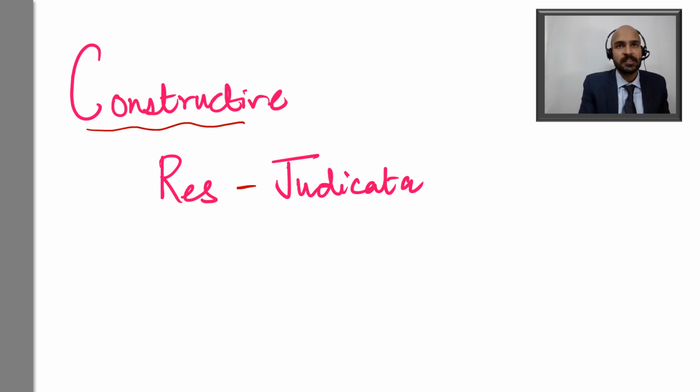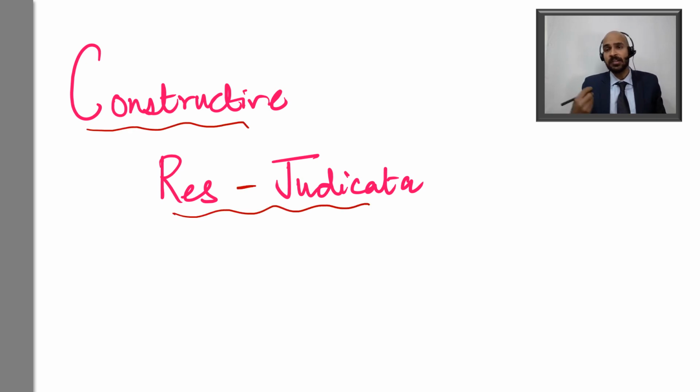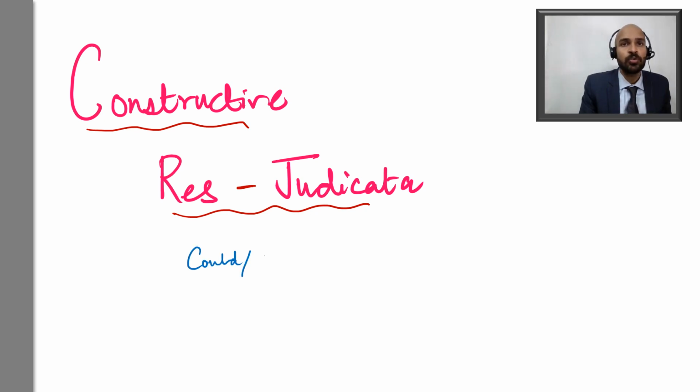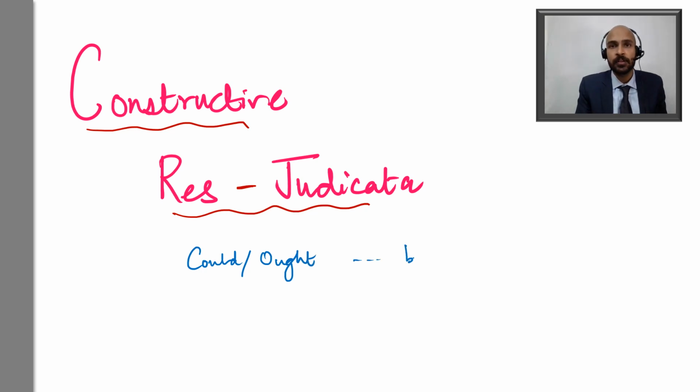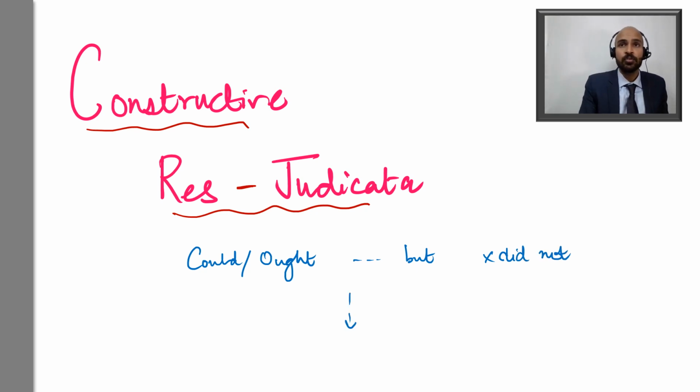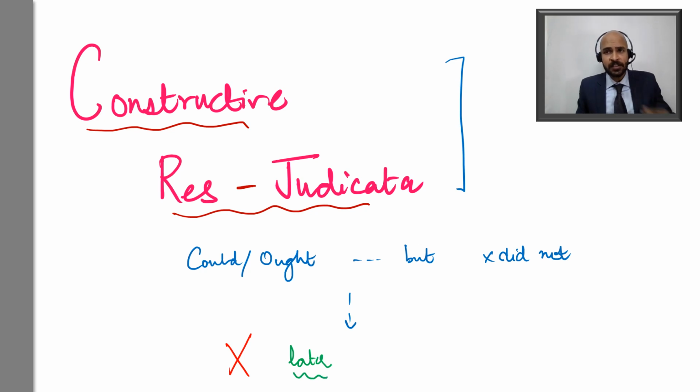Now what this means is that if there was a certain fact that you could or you ought to have stated earlier, but you did not, then the rule of constructive res judicata prevents you from doing that at any later stage. Let us say there was a certain claim.